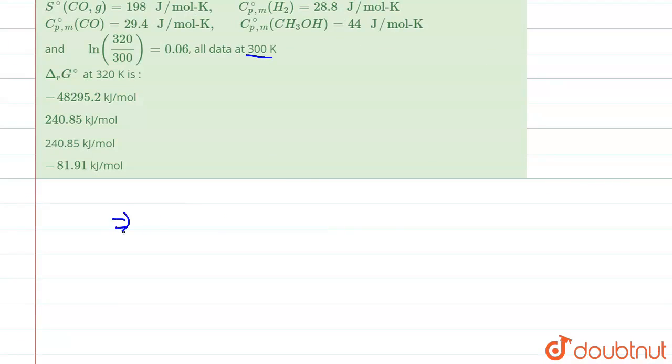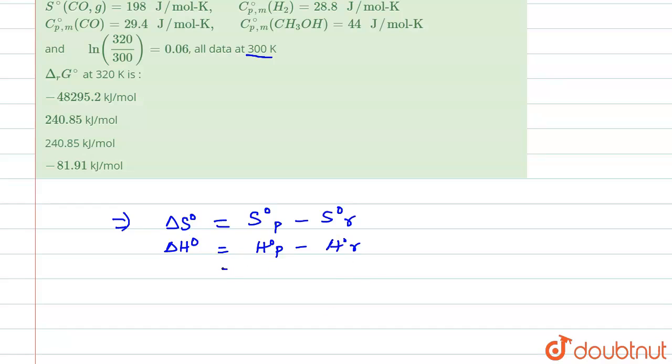For that, first we need to find the value of ΔS°. We know that the value of ΔS° is S° of product minus S° of reactant, right? And similarly for ΔH°, this is also equal to H° of product minus H° of reactant, right?